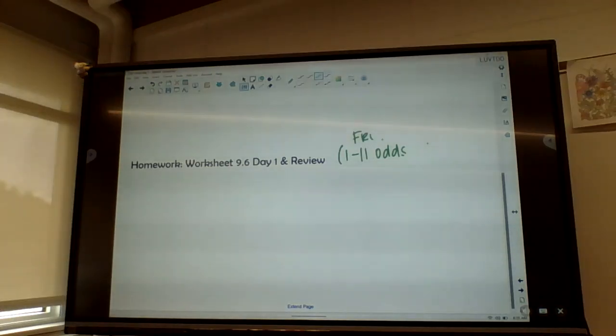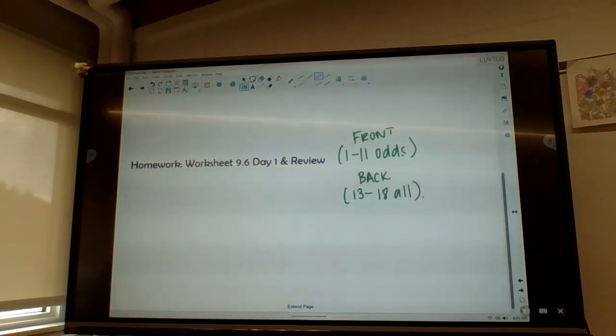Okay, guys. What I'm going to have you do is just the odds on the front, but on the back I'm going to have you do all, because that's the new thing we learned. So on the front we're doing half, the back we're going to do all. Does that make sense?